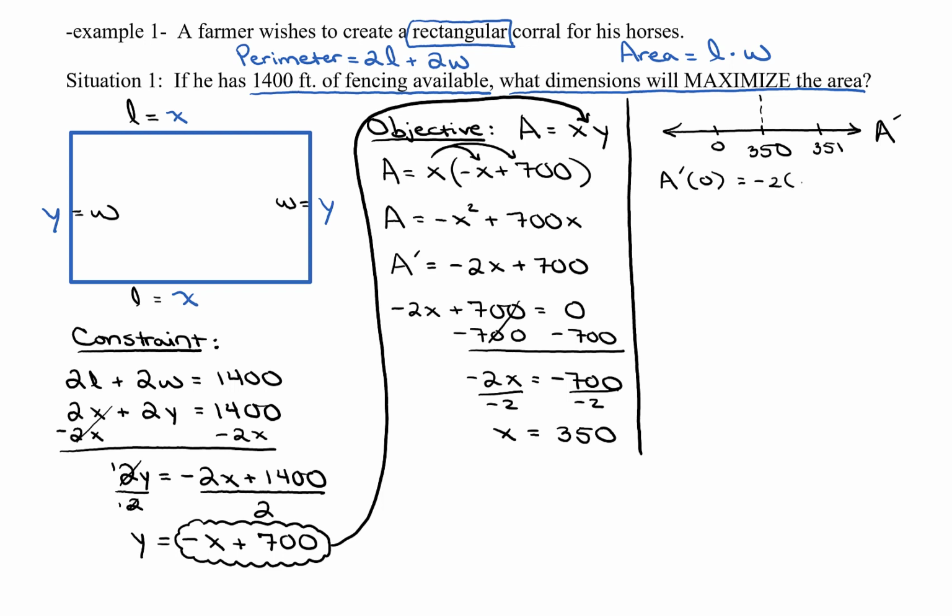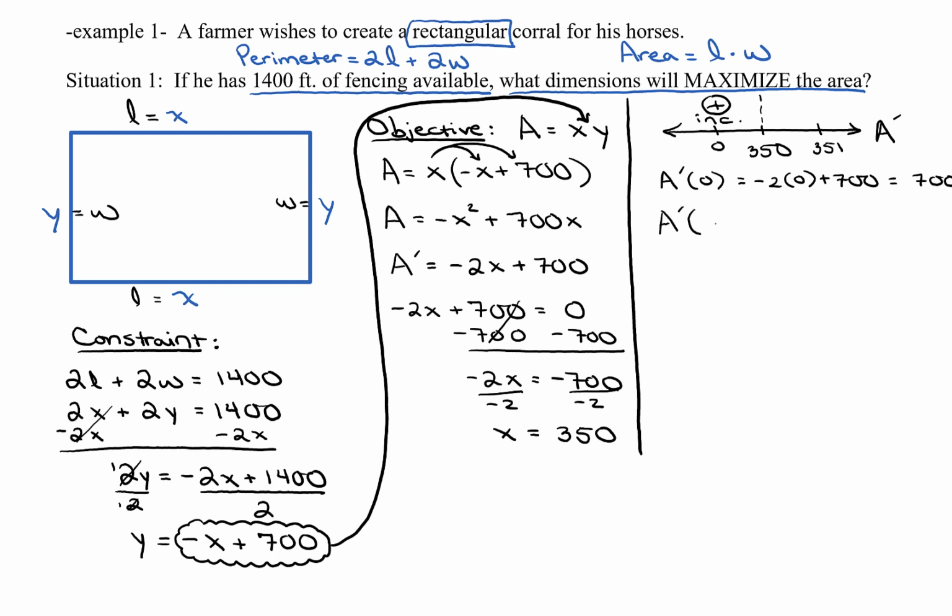If I find A prime of 0, I get A prime of 0 equals negative 2 times 0 plus 700, which is equal to 700. That's a positive value, so I drew a little positive sign above the interval where the 0 is at, and I wrote INC underneath that positive sign to show that our original function of A is increasing in that interval.